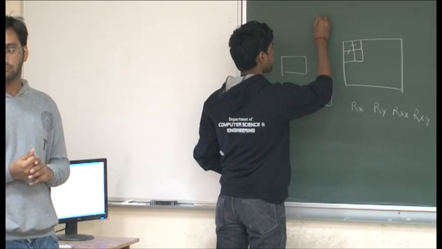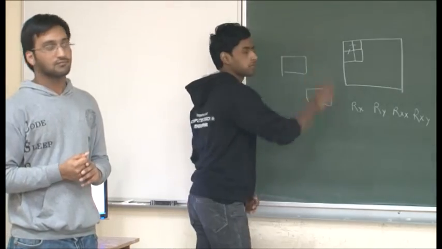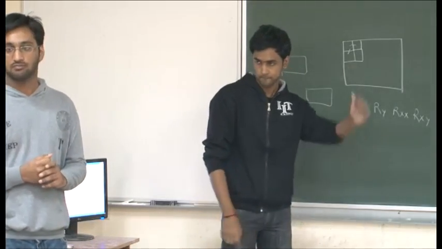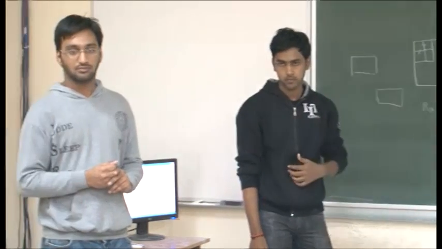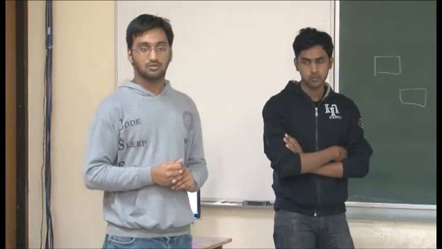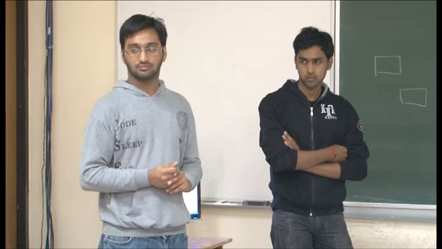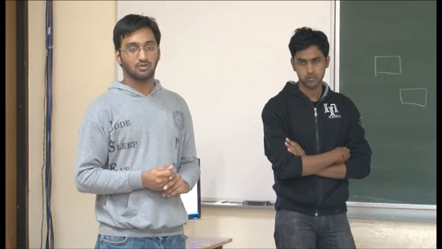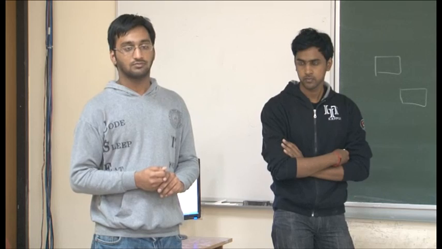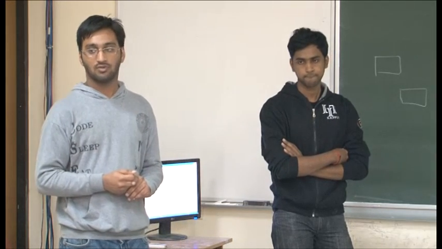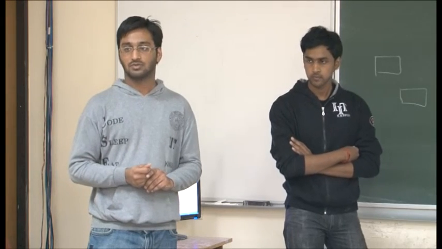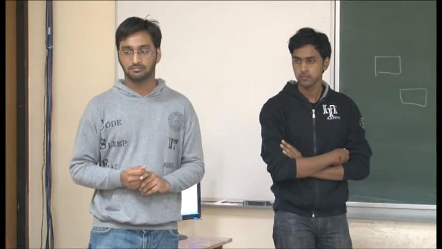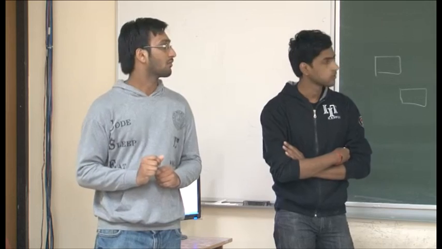So what they have actually suggested is that for recognition they are using the Ridgelet transform based coefficients as features. Ultimately, while recognizing, we will be using these Ridgelet transforms and all. What will these parameters, Rx, Ry, Rxx, Rxy and Ryy, be giving us?